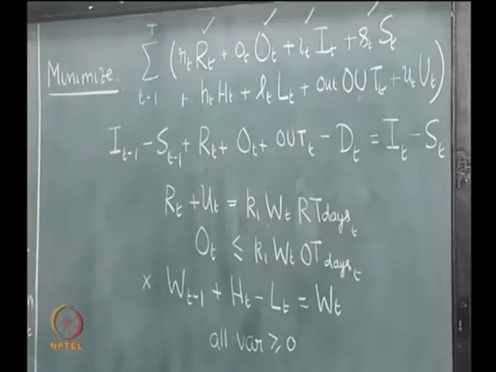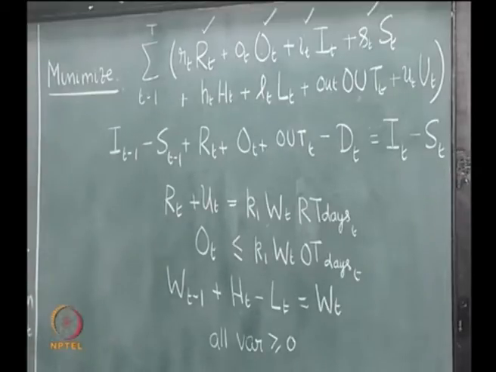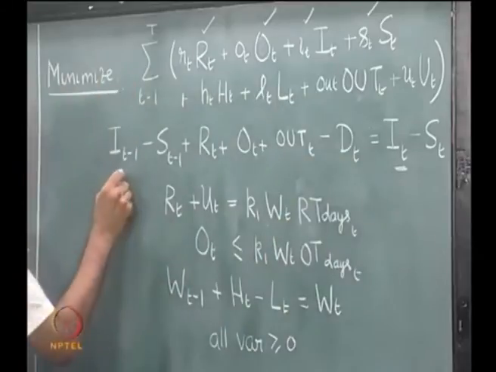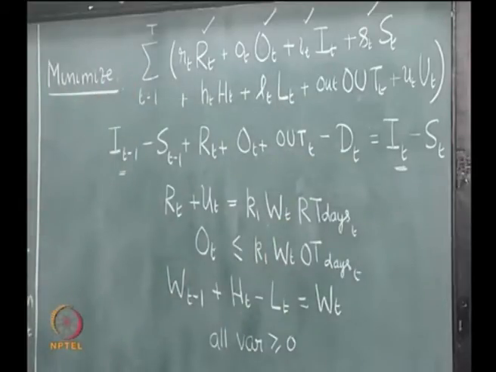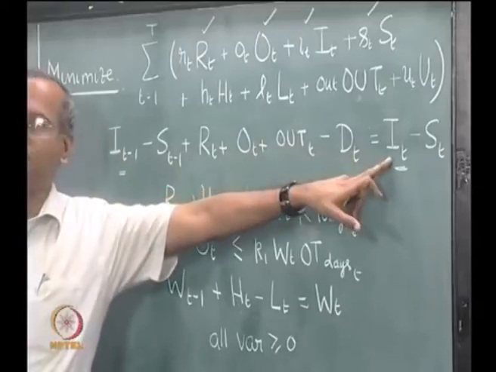Now in addition, organizations may have some other kind of constraints. See, here we do not have any restriction on the values that IT and IT minus 1 can take. If it is cheaper and economical, we do not mind building a lot of inventory through this model, because we are not restricting the value of IT.